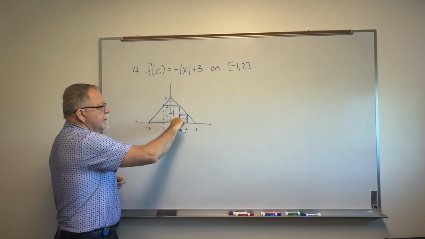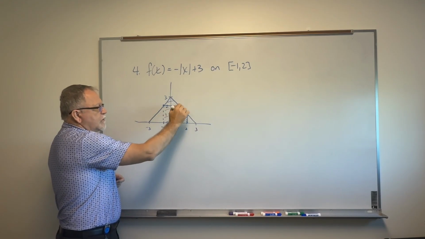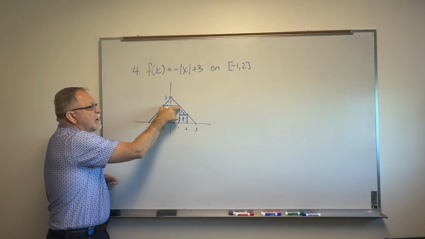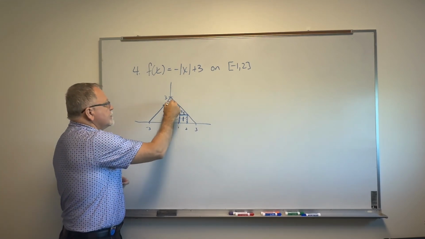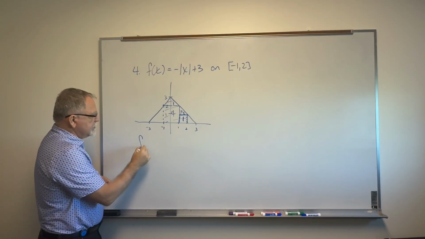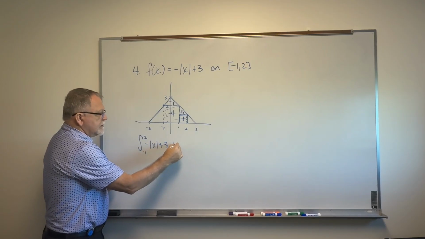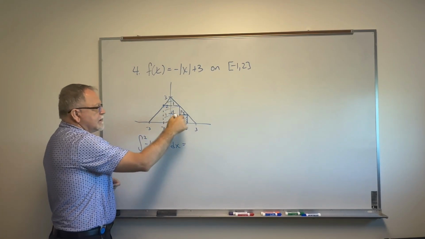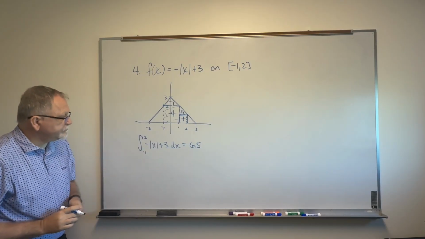The width here is 1, the height is also 1, so this is 1/2. For this one, the base is 2 units long and the height is 1 unit, so 2 times 1, and I take half of that. That gives me 1. So this definite integral from -1 to 2 of negative the absolute value of x plus 3 is the sum of these values: 4 plus 1 is 5, plus 1/2 is 5.5. That is the value of this definite integral.